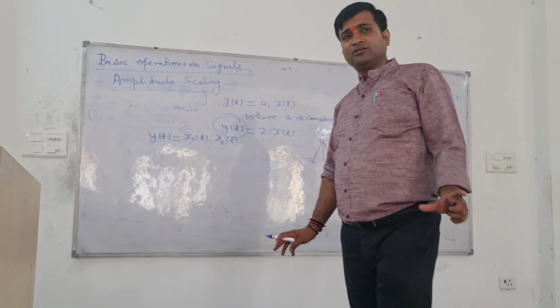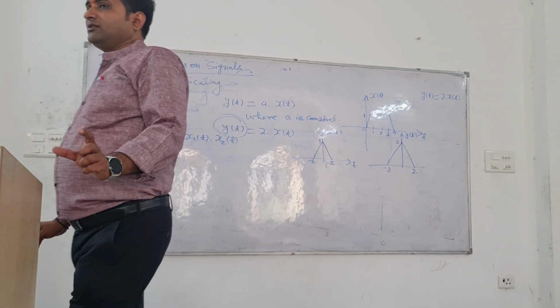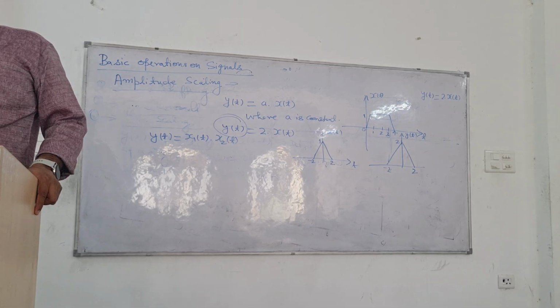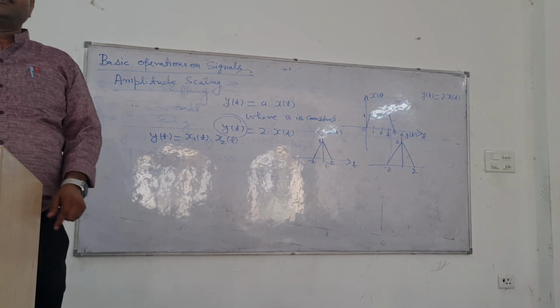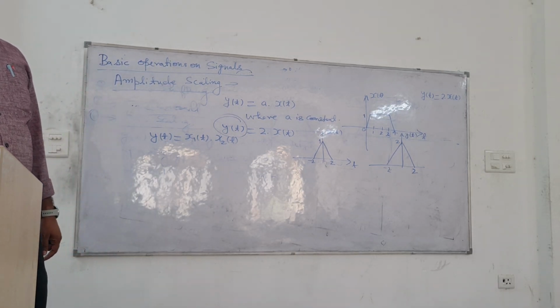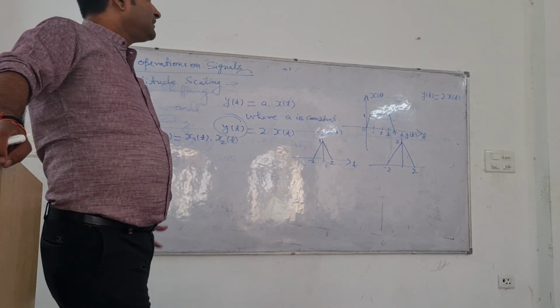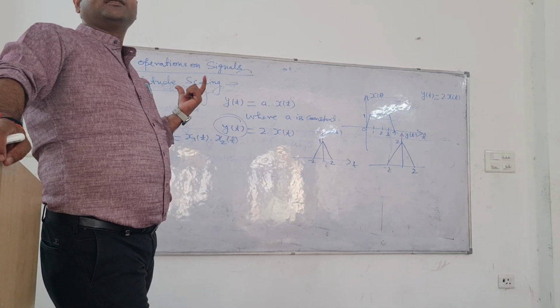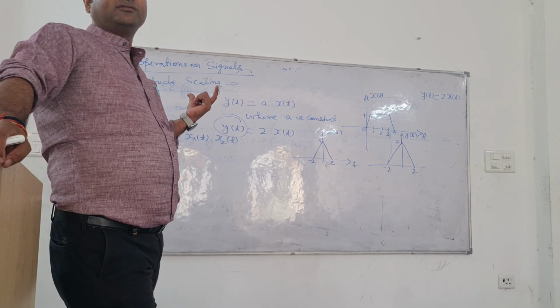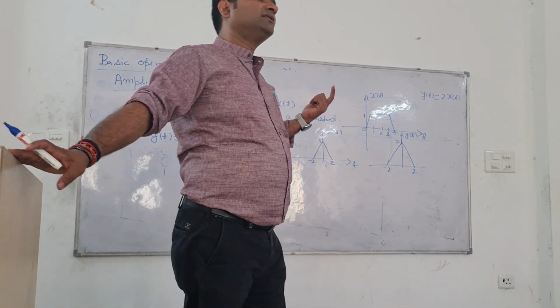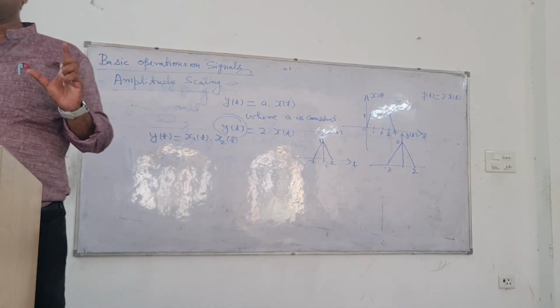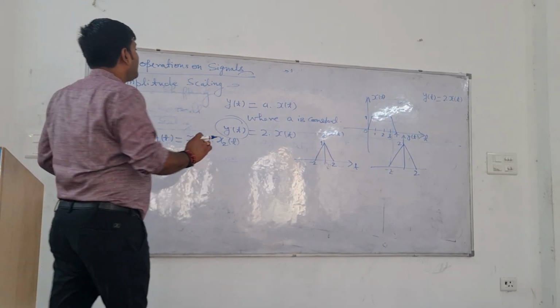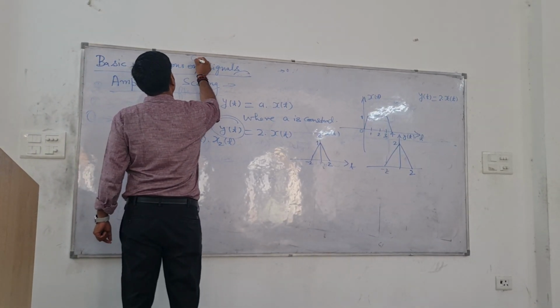It's a standard book, well known for signal processing. That's why it's a standard concept, and there are various nomenclatures in many books: basic operations, common operations. This is the basic operation on the continuous time signal.